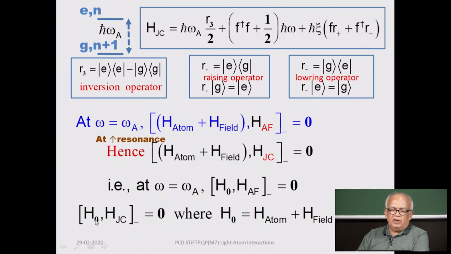The Jaynes Cummings Hamiltonian interacts with the atomic Hamiltonian, and this is what happens at resonance. So, H0 if I write as a sum of the atomic Hamiltonian and the field Hamiltonian, then it commutes with the interaction Hamiltonian.